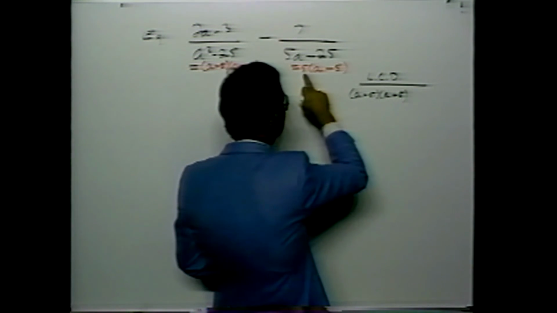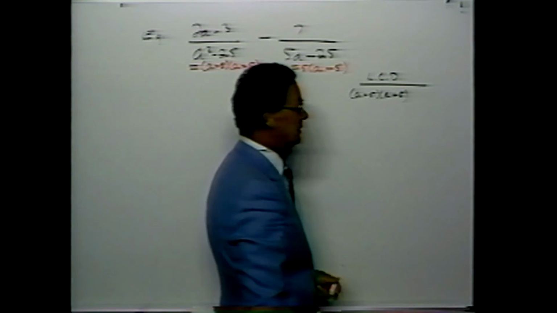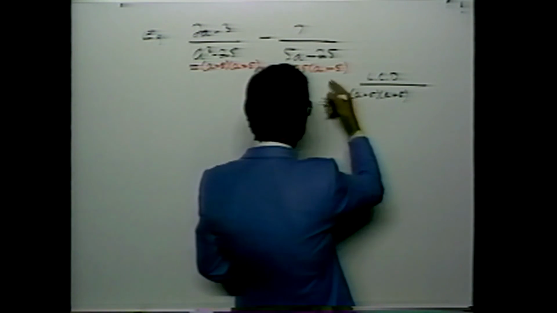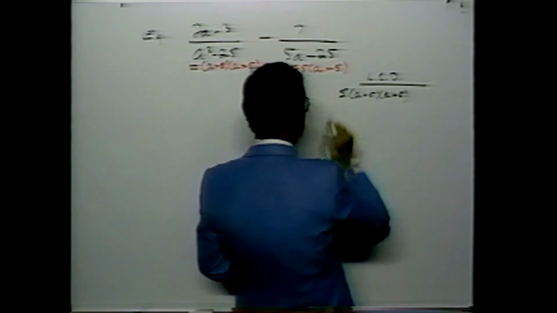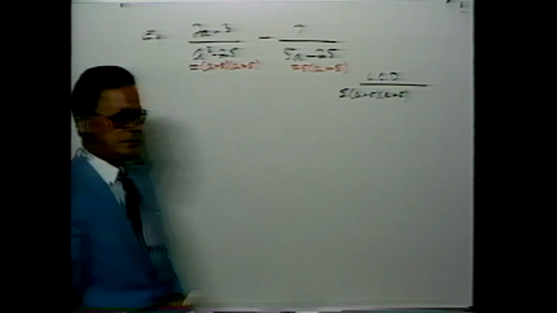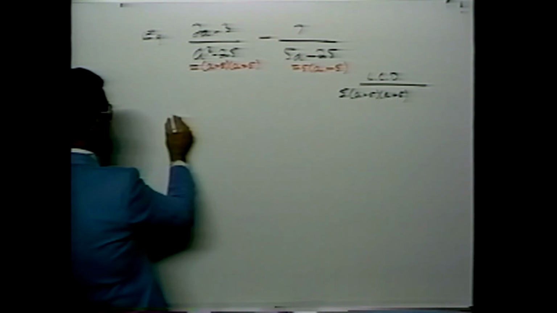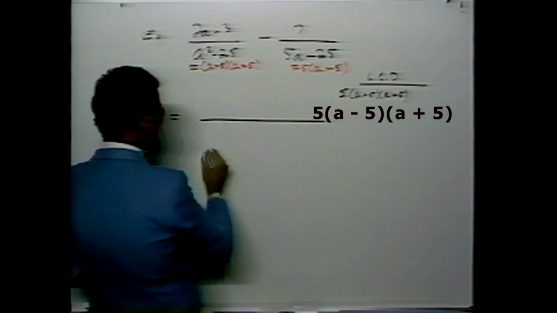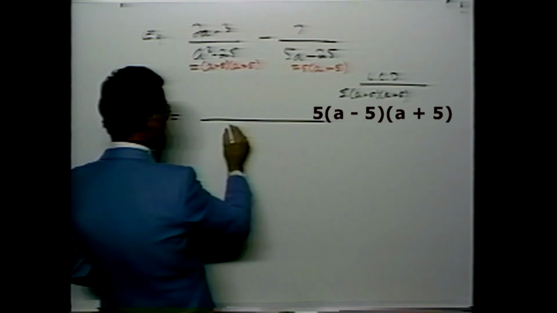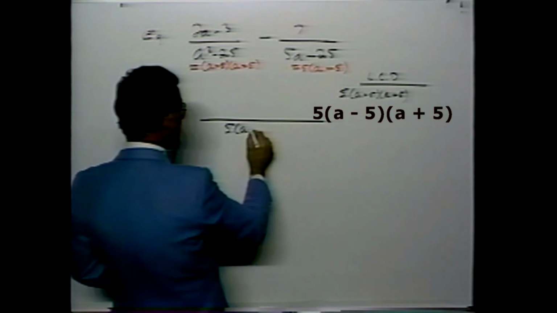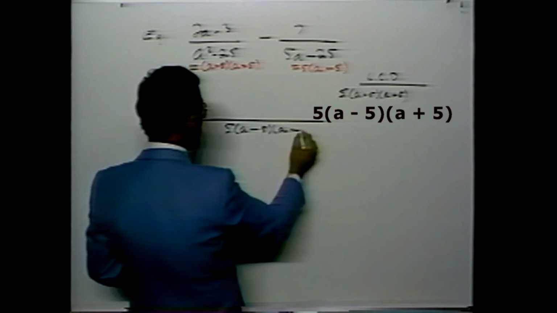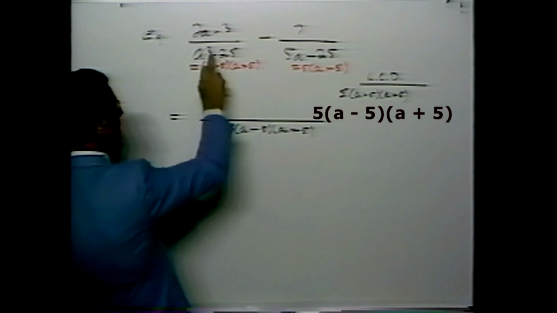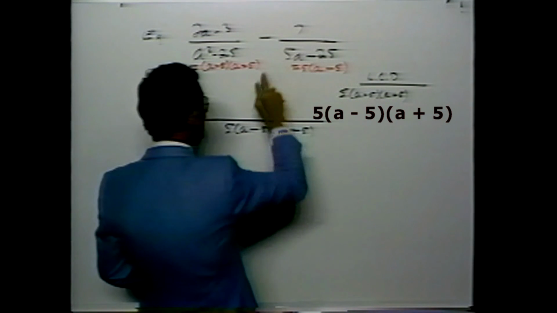Well, this factor 5 is not part of the LCD builder yet, and a minus 5 is, so we ignore that one and write 5 in front of it in that fashion. Now, I will write an equal sign and a long line under which I will write the lowest common denominator, and it will be shared by both of those fractions.